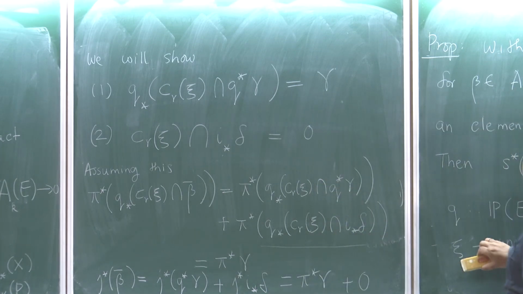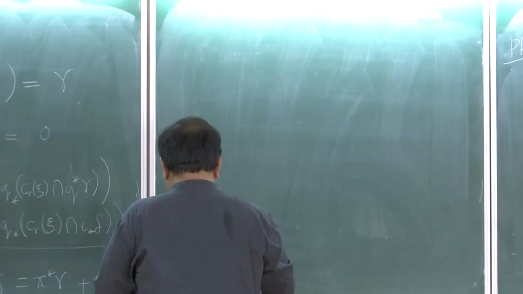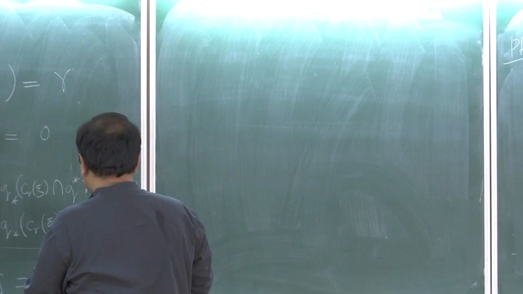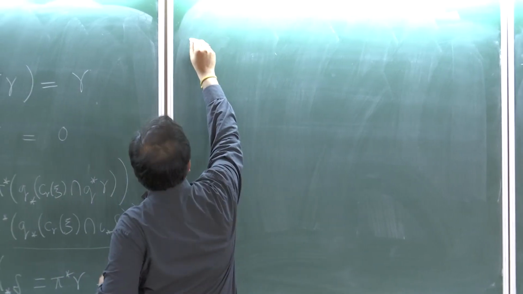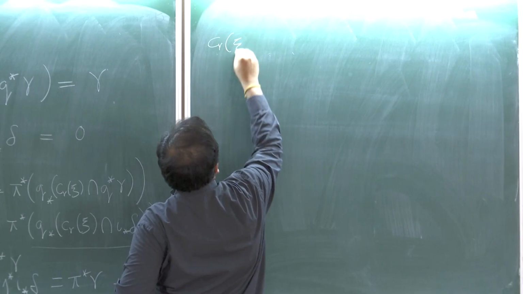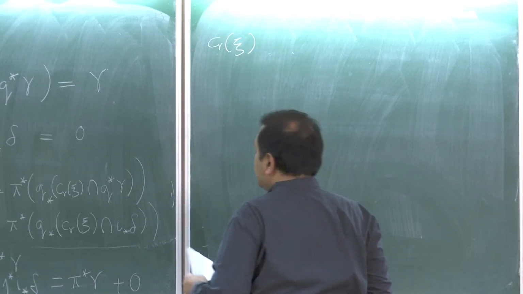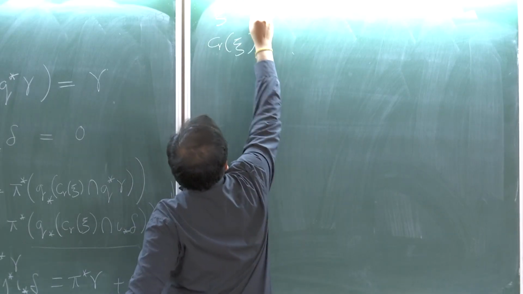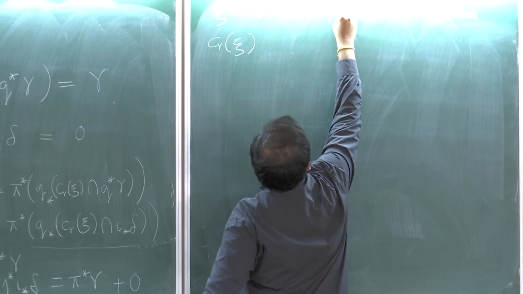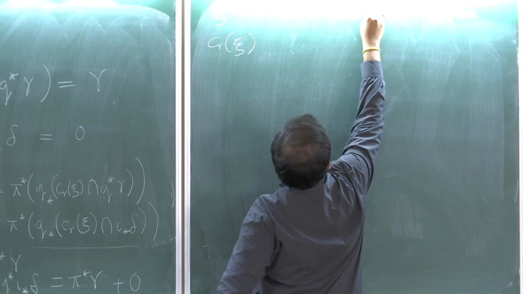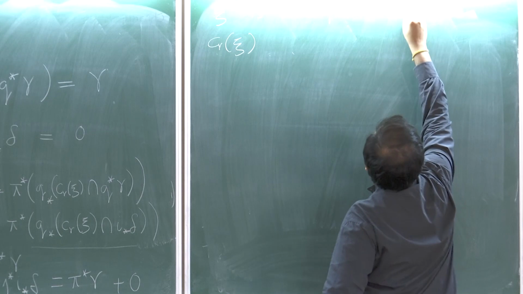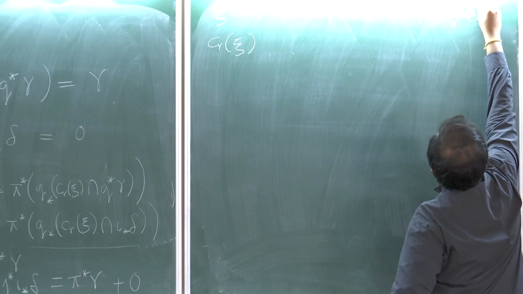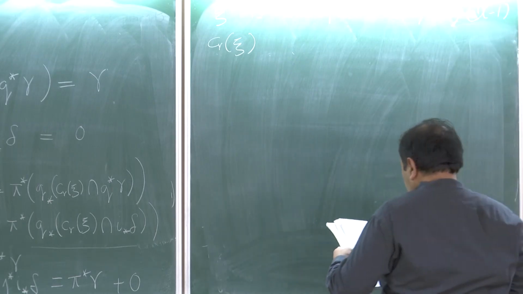So let us prove these two equalities. We know what CR psi is. This is the quotient of Q upper star E by O minus 1.